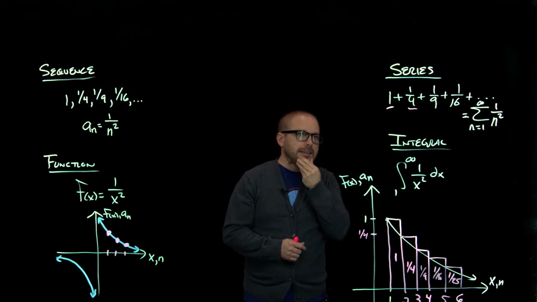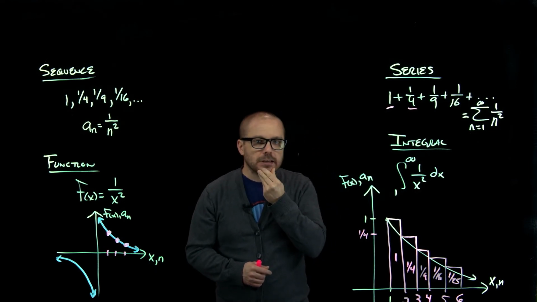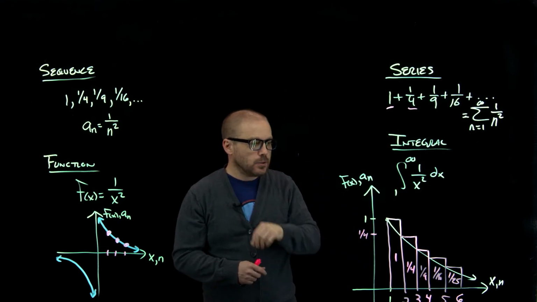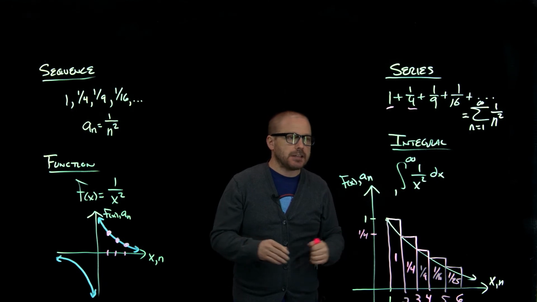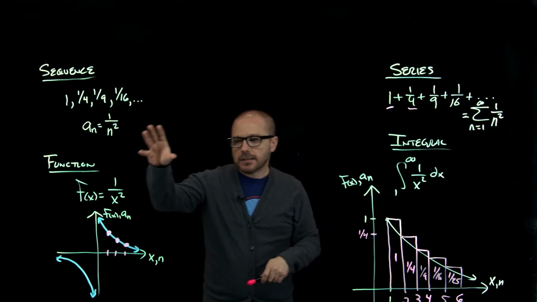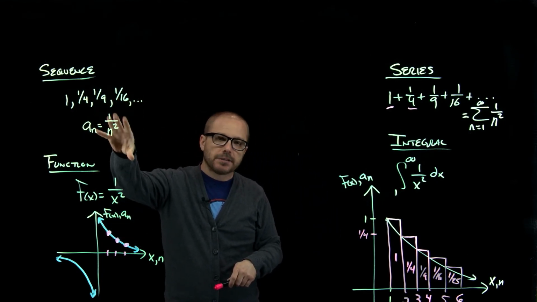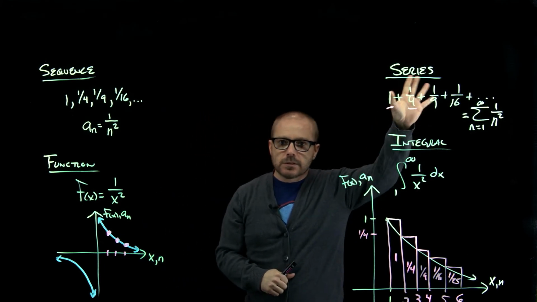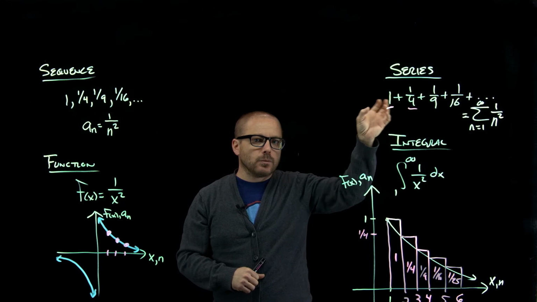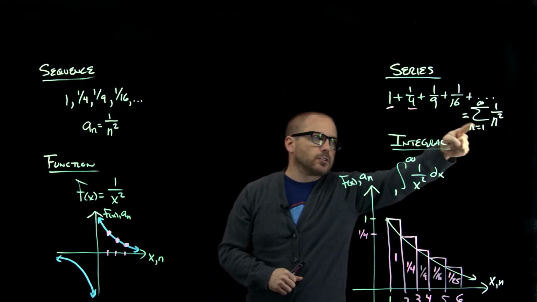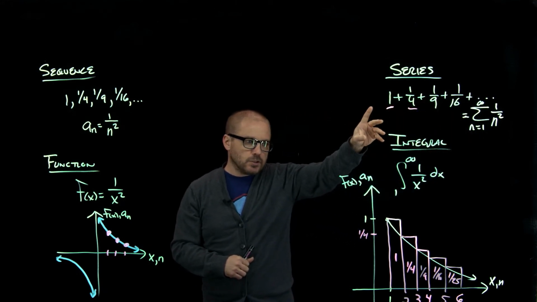Now, the reason that we're interested in series, at least in here, is to get us to what are called Taylor series. The payoff at the end is that after we look at sequences and their properties, and sequences are the basis for series, we'll look at these series and at different techniques to determine if a series converges or diverges.